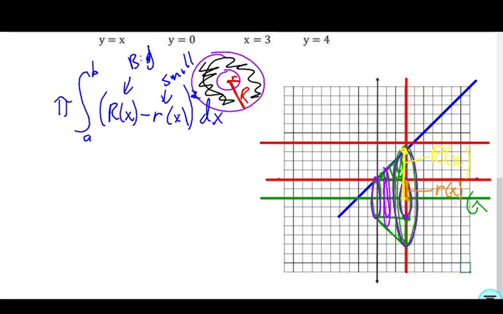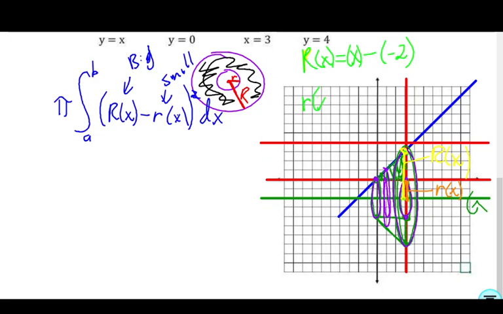Okay? The equation's still the same. And I'll use green so it's better. Big R of x is still the top function. So what's the top function here? That is my y equals x. So it's still going to be x minus, where's the bottom? That's -2.